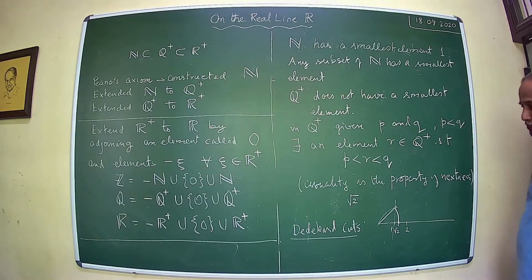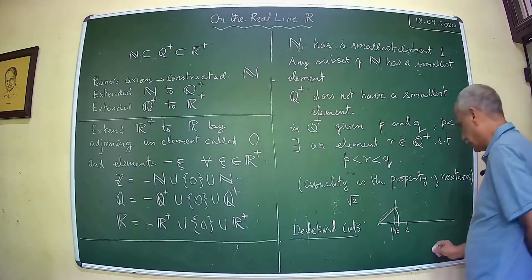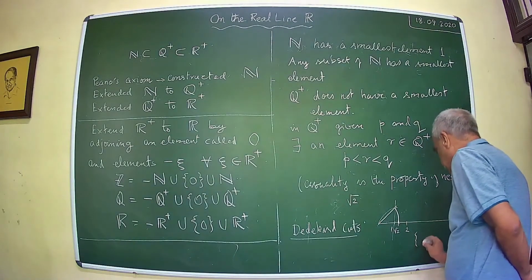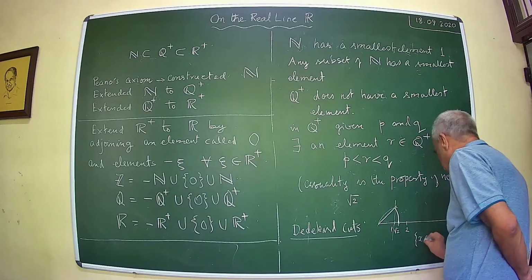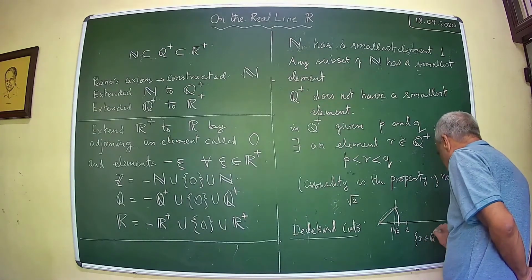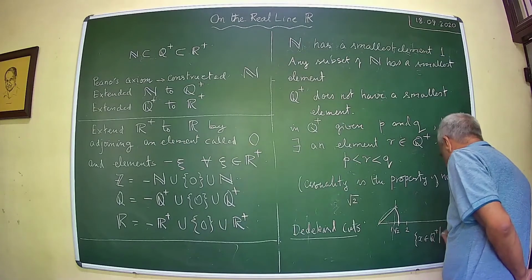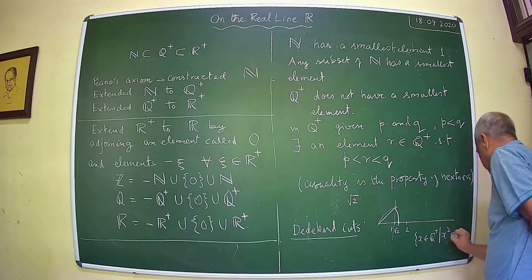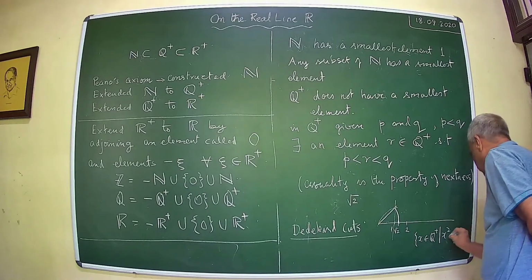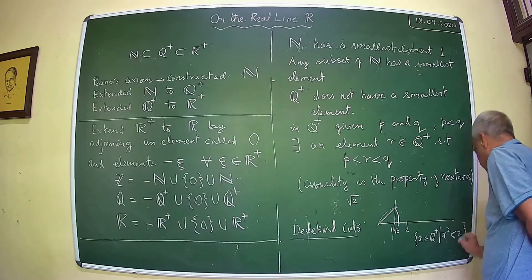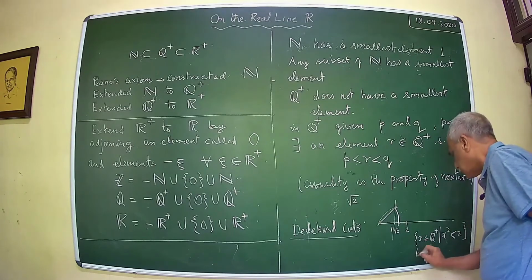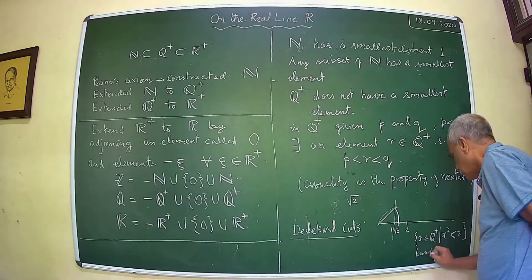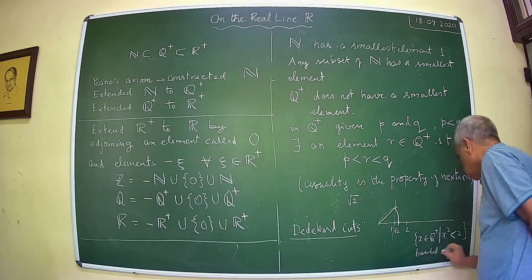In this set itself. This is not true in Q plus, because if you take this set, the set of x belonging to Q plus such that x squared is less than 2, you can show that this is a bounded set, but it has no least upper bound.